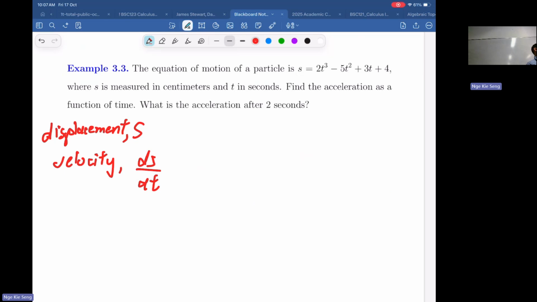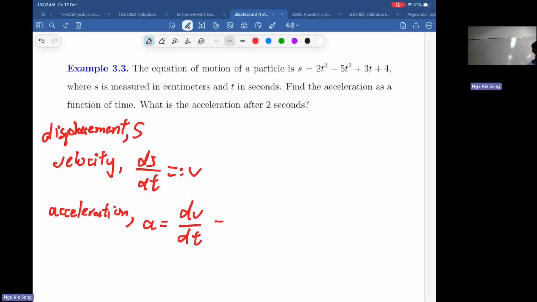And then what is acceleration? Acceleration is the change of velocity, so it's another change. Let's call this velocity v. So actually you want to find dv over dt. Let's call this a.